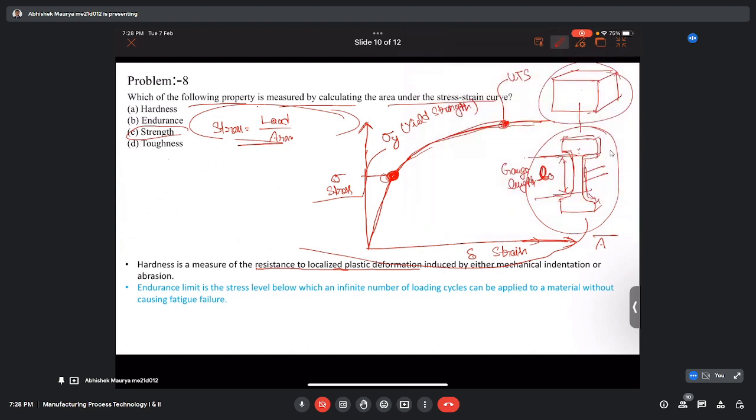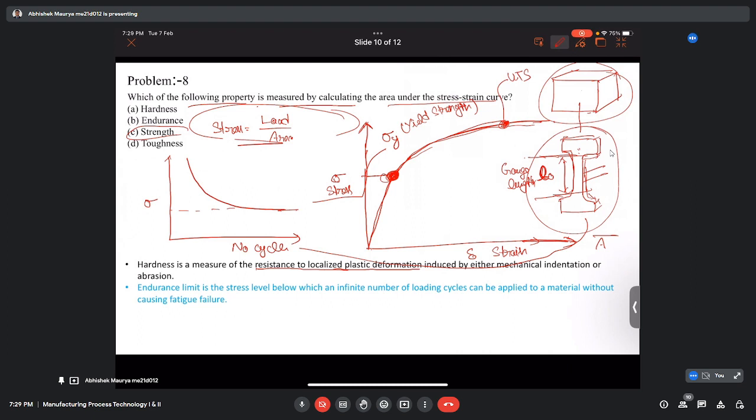Here we are plotting stress versus number of cycles. There are many materials where we get a plot something like this. What are we showing here?